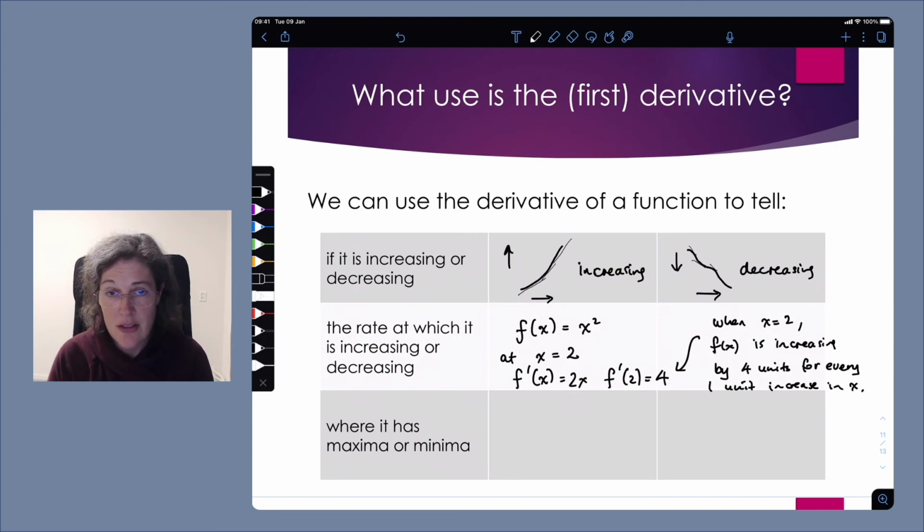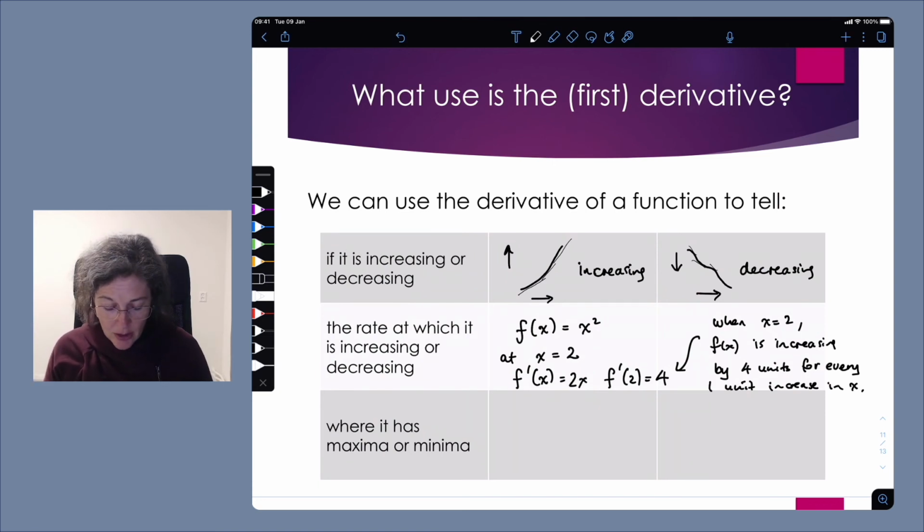So this tells us this is quite a steep increase. We make one little change, one step change in our x, and we get a 4-unit change in our y. And similarly, if you were doing something that had a negative derivative, you'd know how much you were decreasing. So it gives you a sense of, is this thing increasing really, really rapidly or really, really slowly?